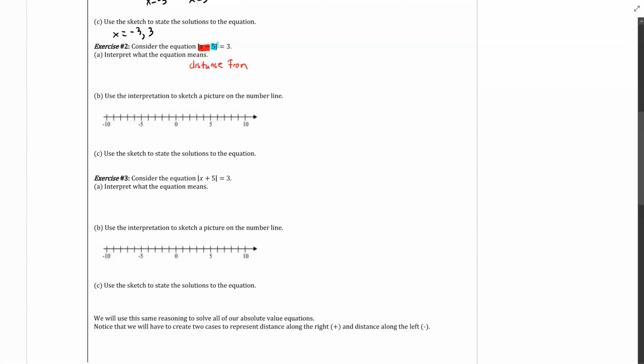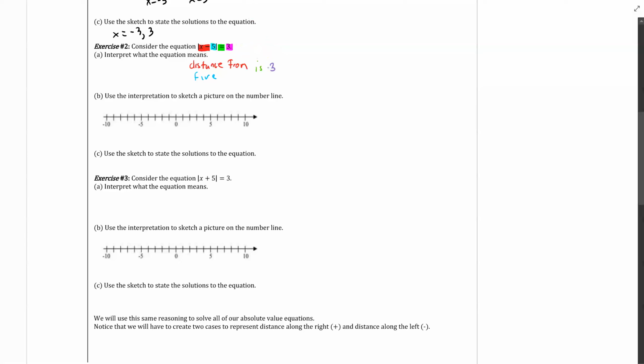And the reason is that when we have distance, we want the minus sign. So it's x minus and then followed by the number. And then the equals part tells us what the distance is, and in this case the distance is still 3.